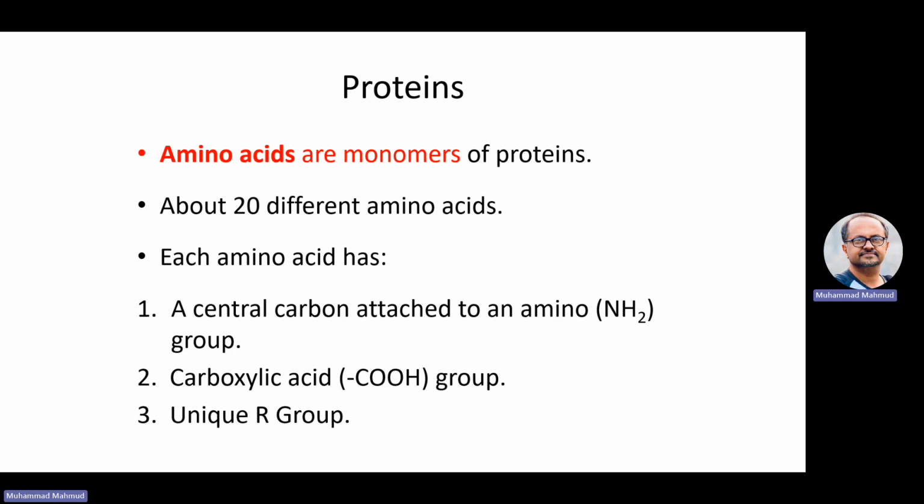And every amino acid has a central carbon attached to an amino group. This is the group NH2, amino. And there's a carboxylic acid group and a unique R group.